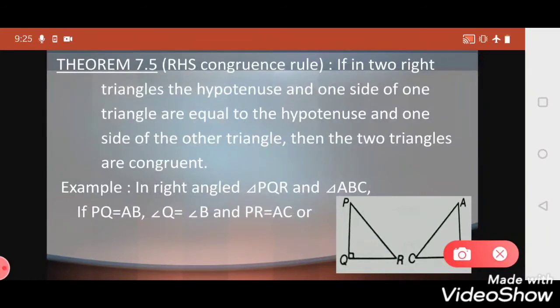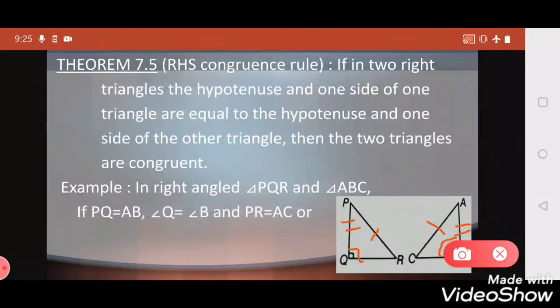The hypotenuse in a right angle triangle is the longest side; you can say the slanting line is your hypotenuse. So here PR is equal to AC. Then one side is given, PQ equal to AB, and of course the right angle, that is angle Q equal to angle B.